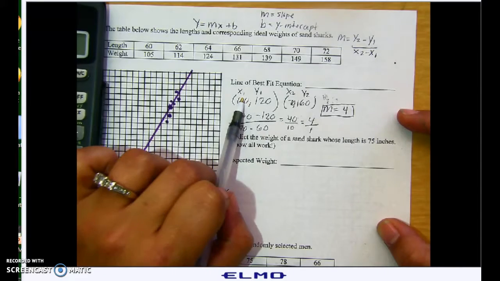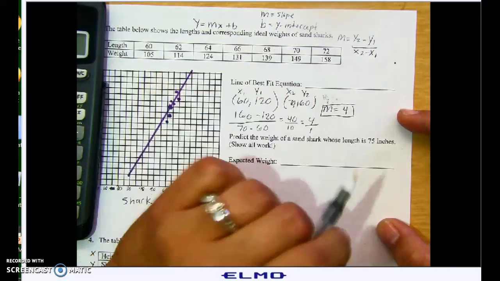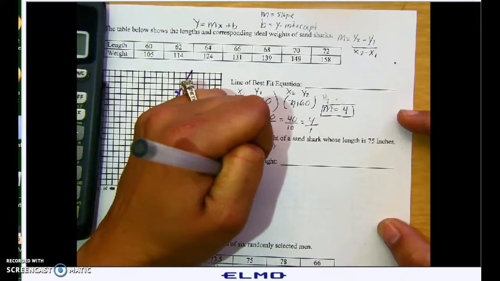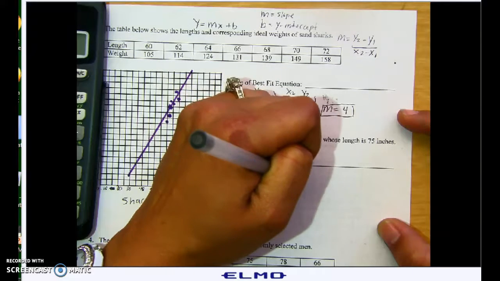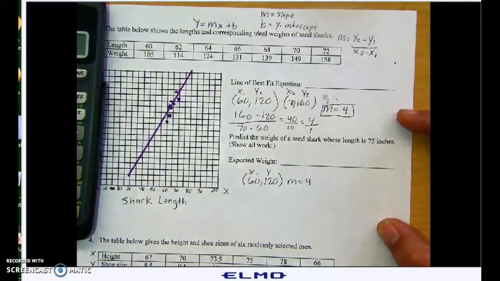I'm going to use 1 point and my m to find my b, so I can write in slope-intercept form. The point I choose is 60, 120, and my m is 4. That's x and y.